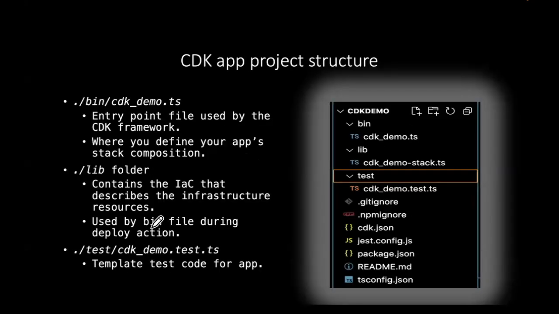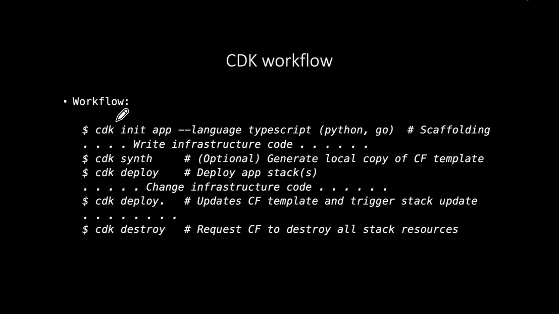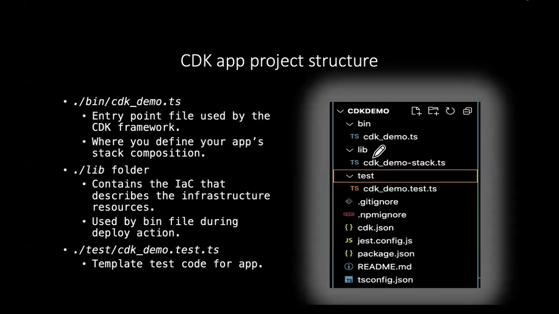When you do CDK init, this is the folder structure that it creates. So this is the structure of a CDK project, and some code has already been created for you. The TypeScript file in the bin directory, we refer to the code here as being the entry point.